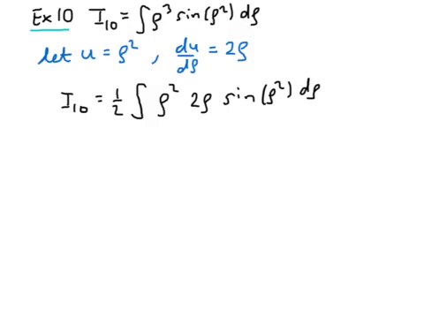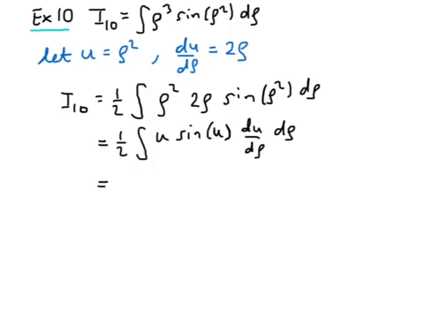Now, the reason why this is going to work is that what I have here, rho squared, is u. So I'm going to have u times the sine of u, and the 2 rho factor I can put at the end as du d rho, integrated with respect to rho. So what I have is 1/2 the integral of u sine of u, and then du d rho, integrated with respect to rho.